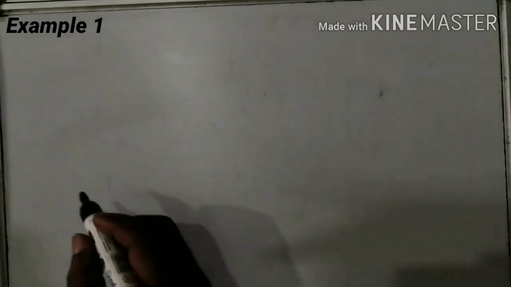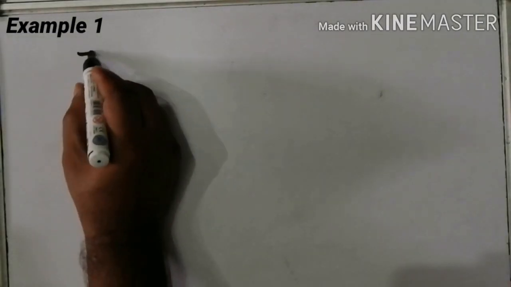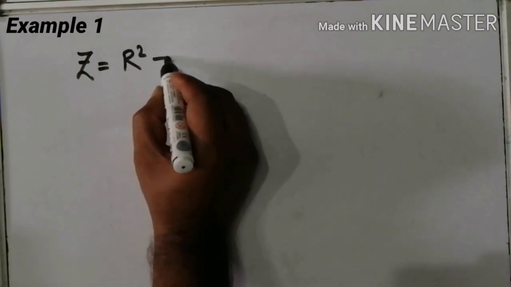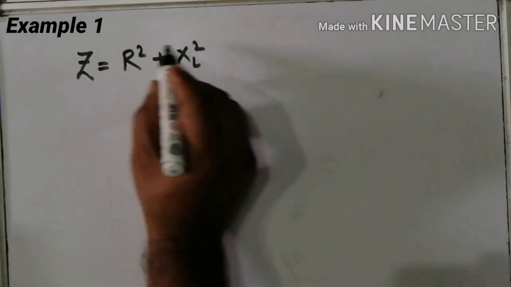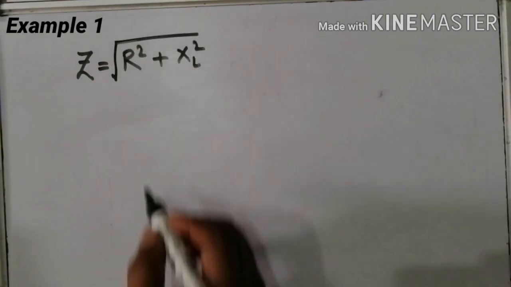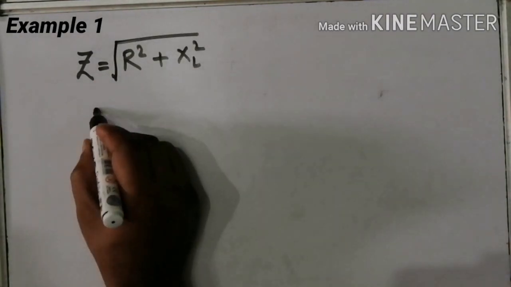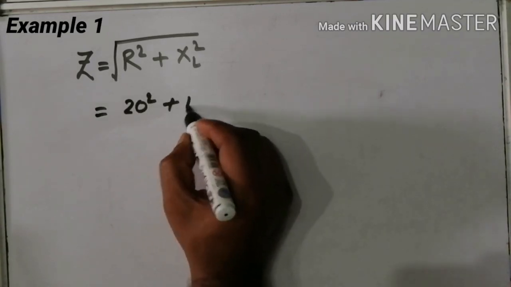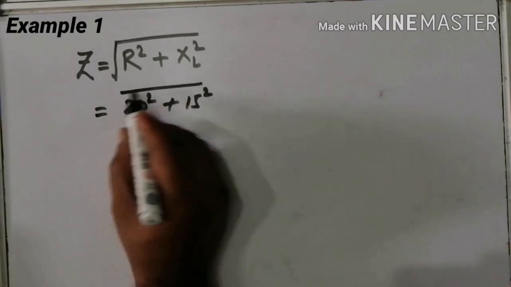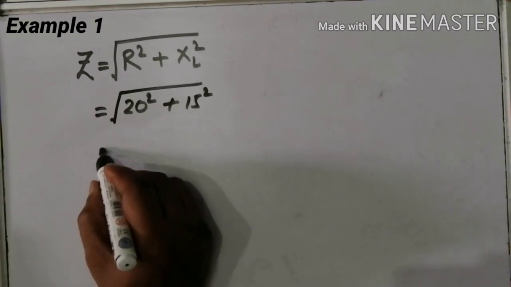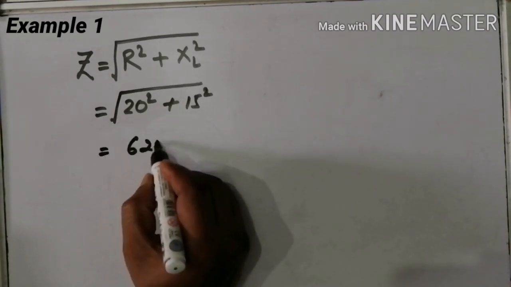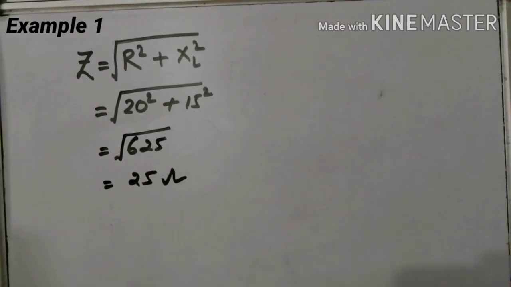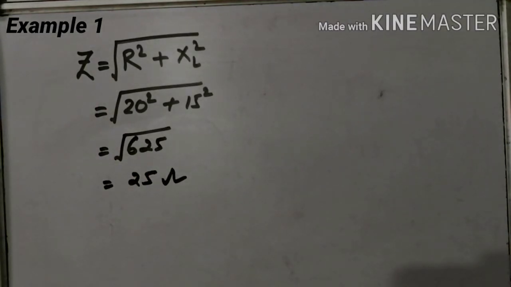Now see the phase impedance, that is Z is equal to square root of R square plus XL square, right? What is the value of R? It is 20 ohm plus XL is 15 ohm. After the calculation, it is square root of 625, so it is 25 ohm.